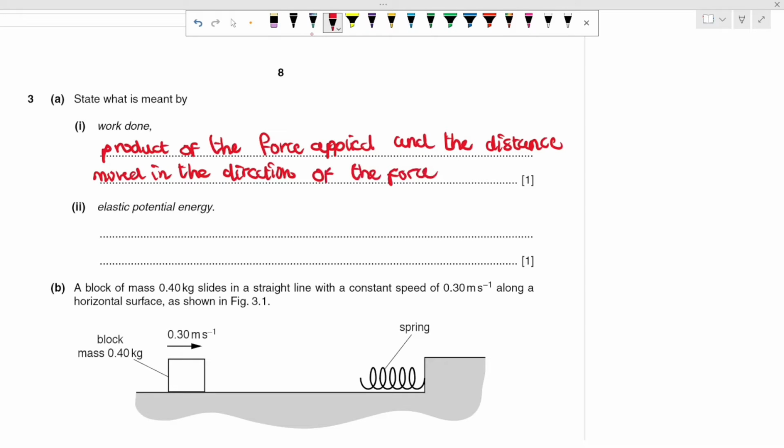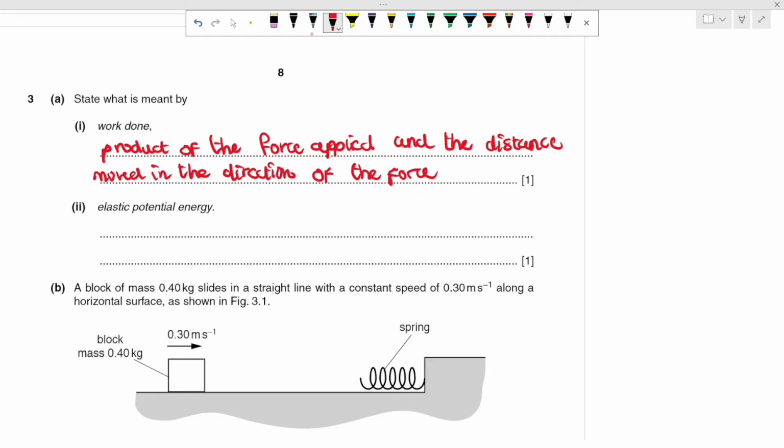So if you have a certain force that is applied on an object and that object moves in a specific direction, that is essentially work done. You have done work on the object. So if a force is applied, a certain distance is moved, work is done.